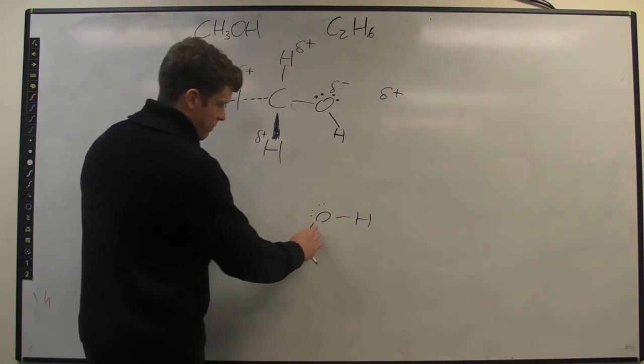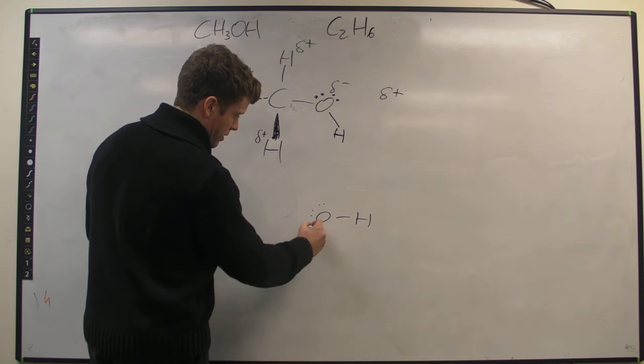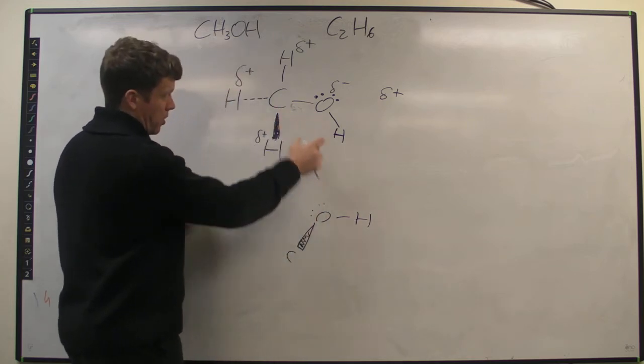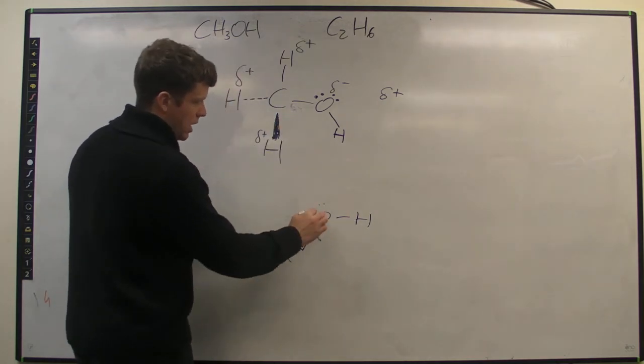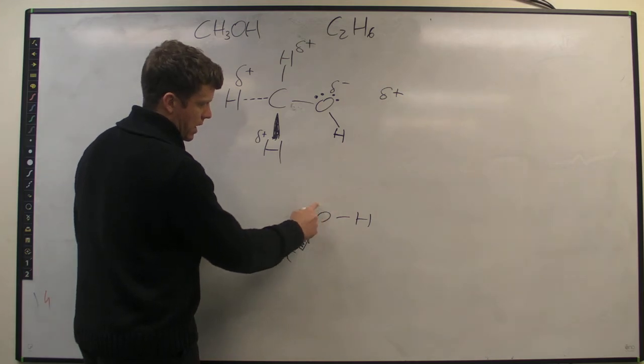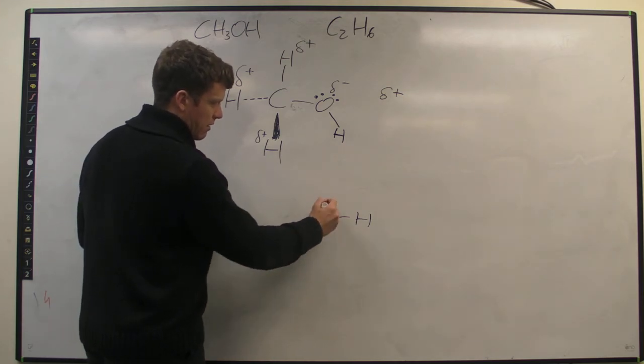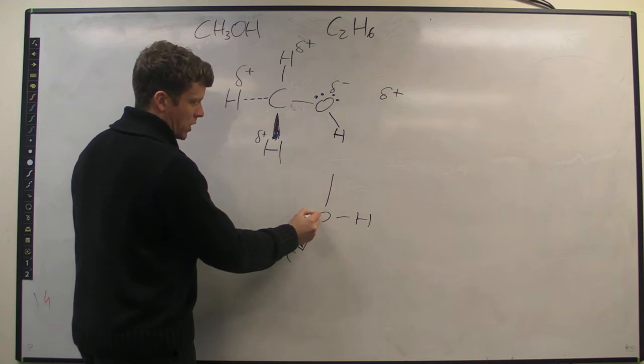So if you imagine, if I redrew this, so this is this bond, kind of redrawn. These are lone pairs. Let's pretend, just for fun, that these are actually two bonds.